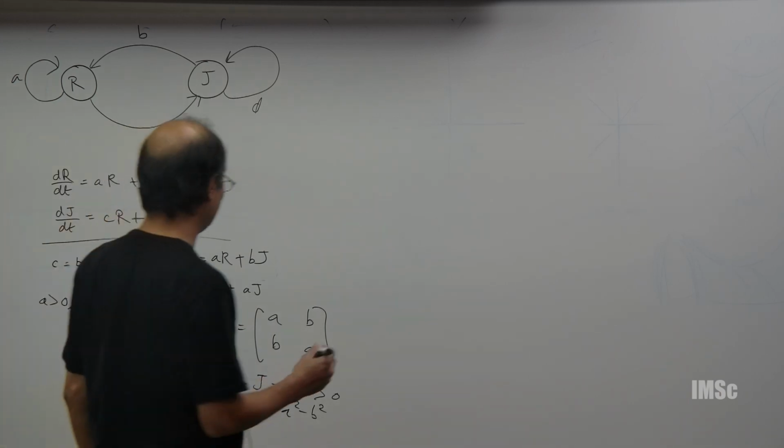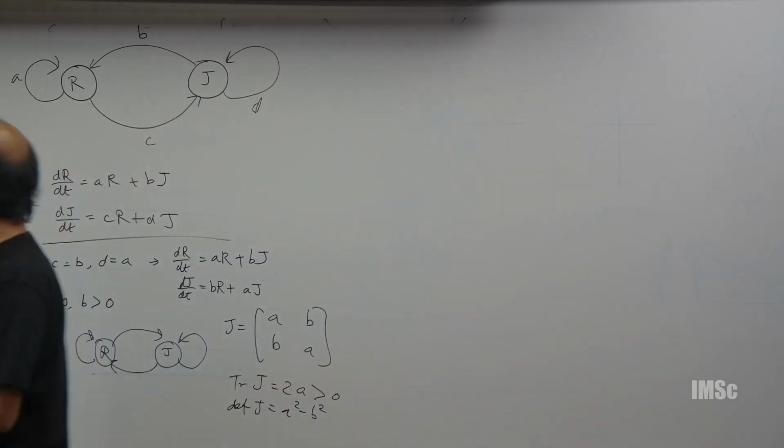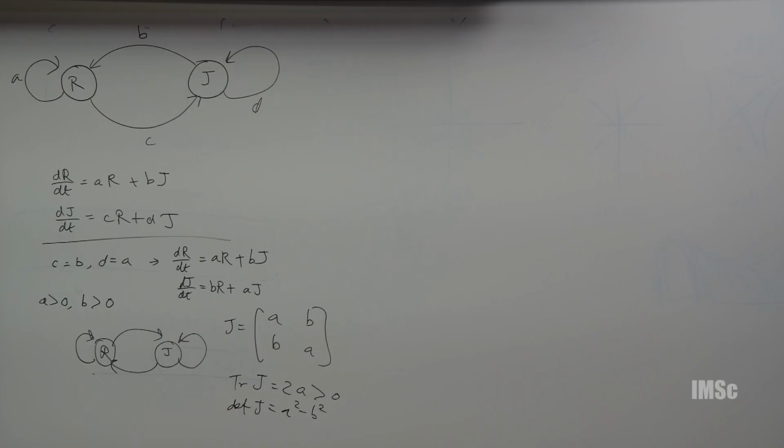So 2A is greater than 0, so that means you are on this side. But the determinant could be positive or negative depending upon if A square is greater than B square or A square less than B square. If it is positive, you have an unstable node, and if A square is less than B square, you have a saddle, right?